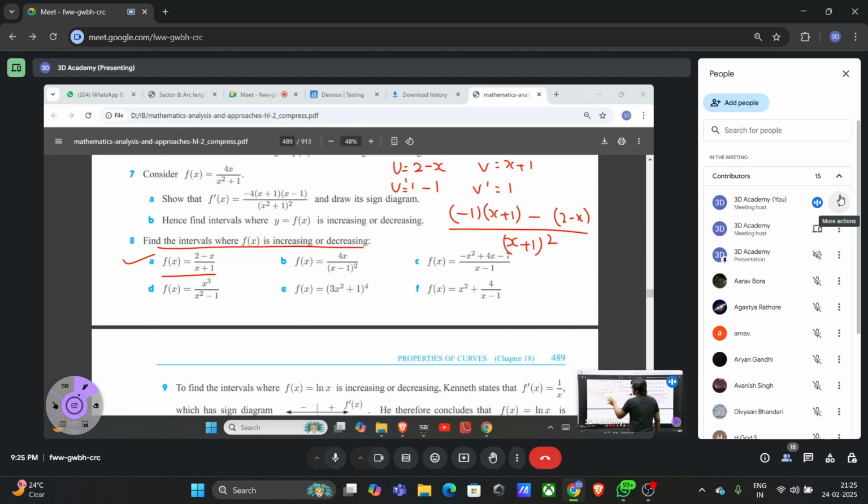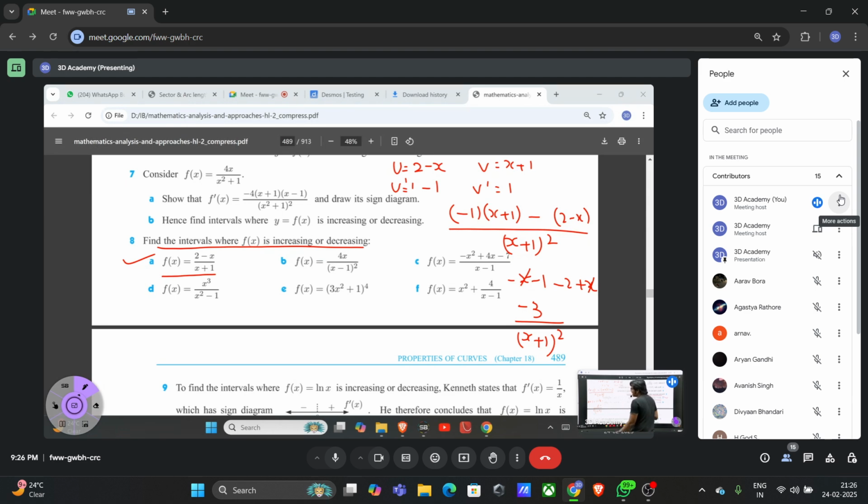So what answer I get here? I get here minus x minus 1 minus 2 plus x. x cancelled. So मेरा न्यूमरेटर में आंसर आ जाता है -3. And in denominator I get x plus 1 का whole square.